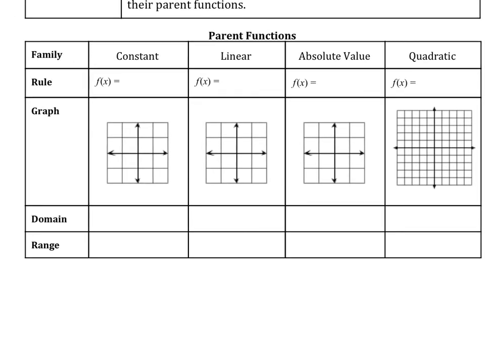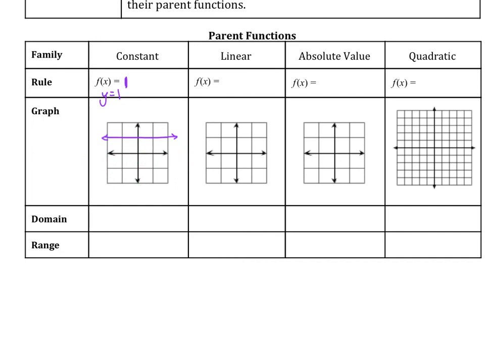So constant, in our book, says that f of x equals 1. So anything that's different than that is a transformation. Now the graph, remember f of x is really just y equals 1. And so that's our horizontal line at y equals 1. Thinking about the domain, it is all of our x values.